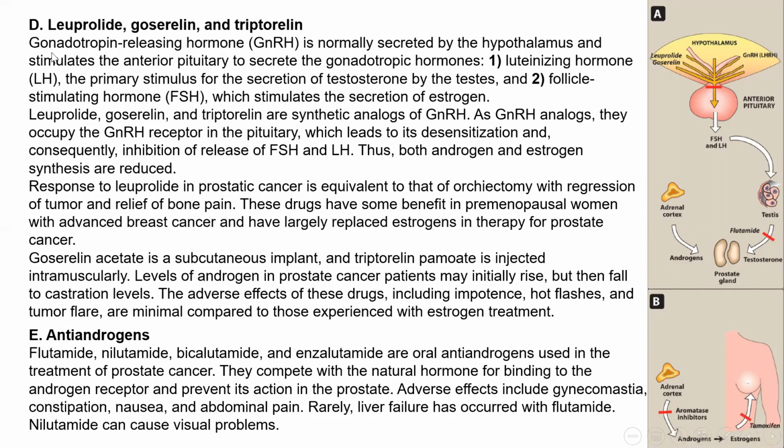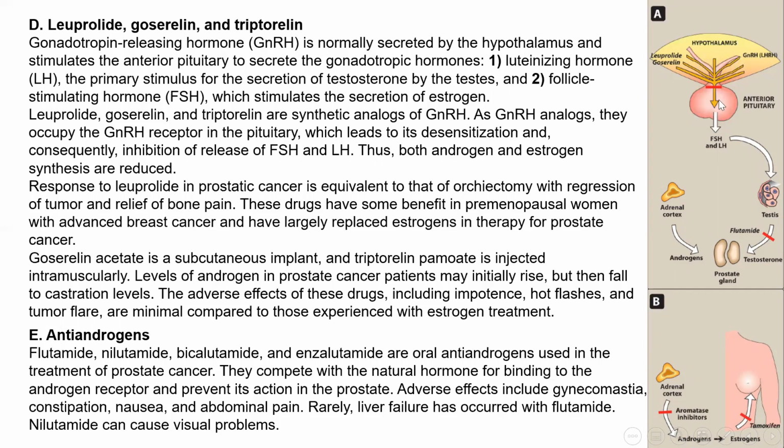So there is a hormone called gonadotropin releasing hormone that is released from the hypothalamus right here. This one activates the receptors in the pituitary gland, and activation of the receptors in the pituitary gland causes the release of certain hormones.